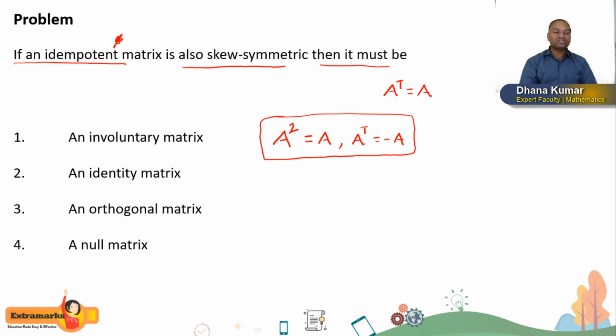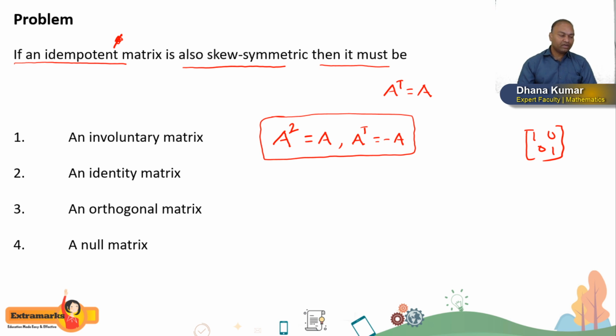If A transpose into A is equal to I, then it is said to be orthogonal. Identity, we know, for example identity of order 2 is 1, 0, 0, 1, that is called the 2 by 2 identity. And involutory: A square is equal to I, then A is said to be involutory. Now out of these four, which one is correct, you have to check.